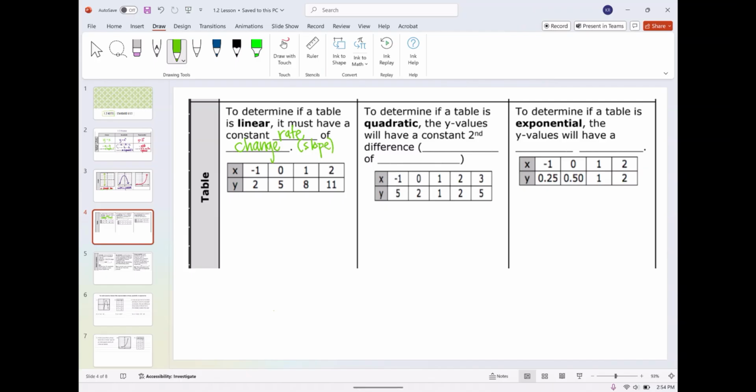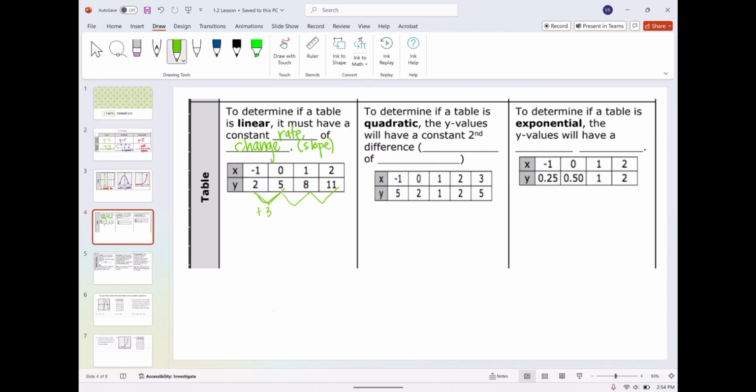That's another word for slope, right? What is this change that's happening from each y value to the next? And last time we talked about if we add or subtract the same number, it's going to be a linear model. So let's see what's happening here.